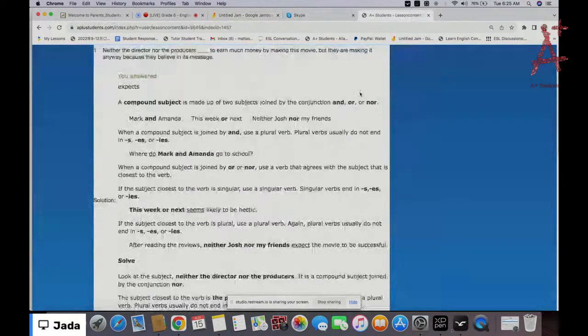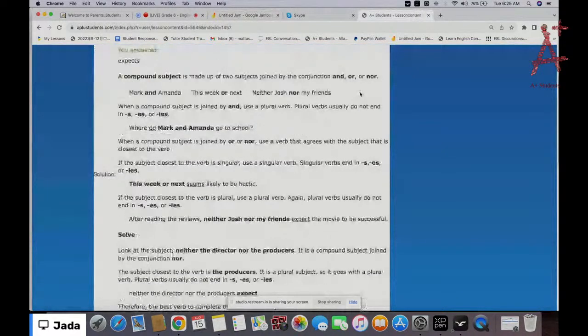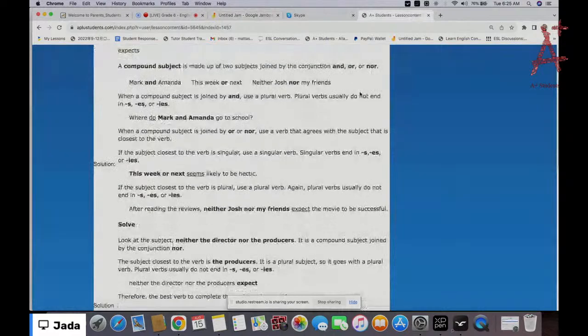I hope that you do get the explanation, but let's go over it again so that you don't get confused whatsoever. All right, so now we have the compound subjects. A compound subject is made up of subjects joined by the conjunction "and", "or", or "nor".